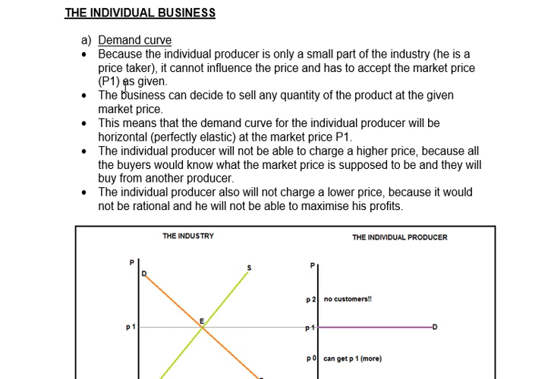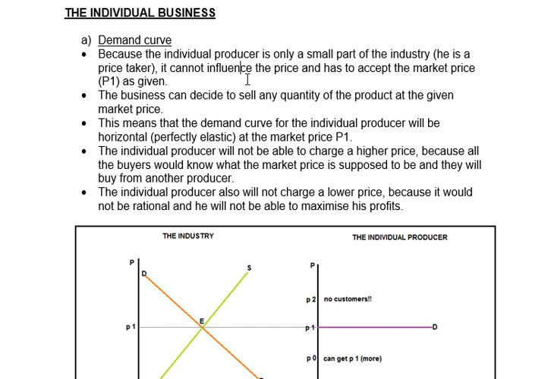All right. So we're going to first look at the demand curve for the individual business, okay? Now we said in the perfect market, there are many buyers and many sellers, okay? And because of this, each individual producer controls only a very small part of the industry, all right? He is a price taker, okay?